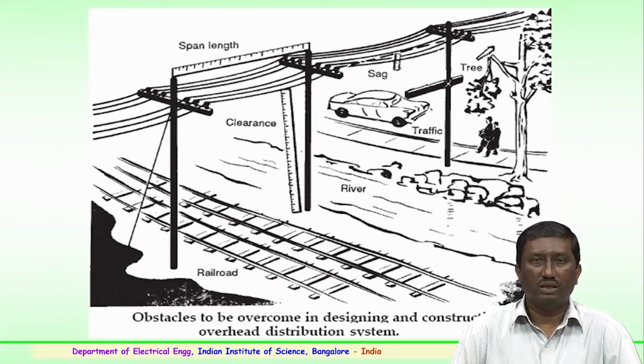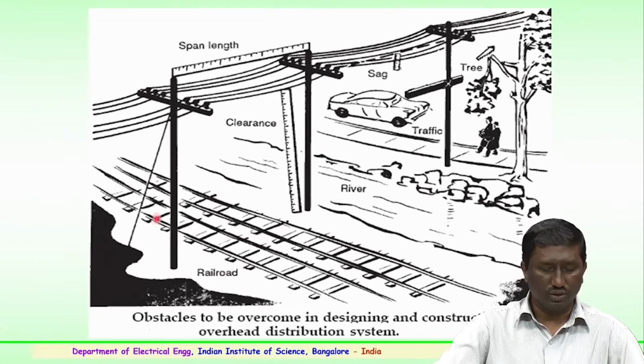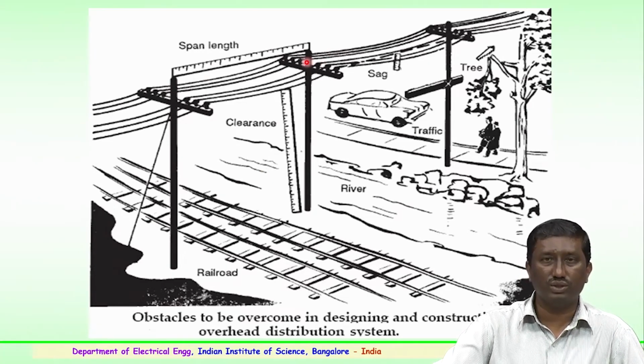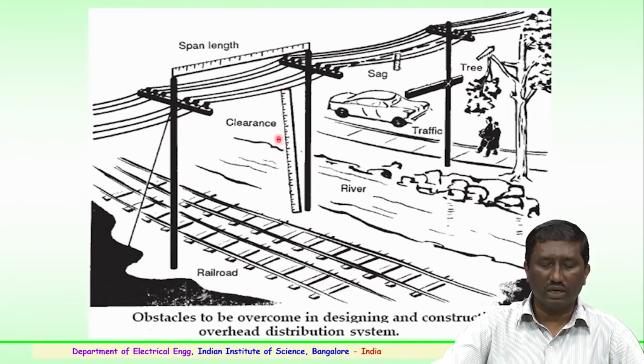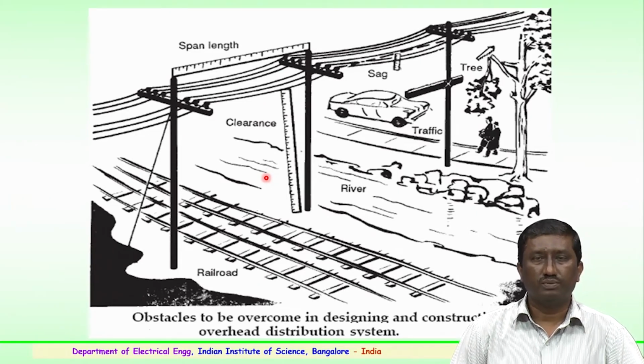The span length and the tower height are very critical while estimating the tower for a particular voltage level. So, this shows the span length. Span length is the tower-to-tower distance. The minimum clearance from the ground to the conductor is the ground clearance, or the clearance which is termed in the electrical aspect.